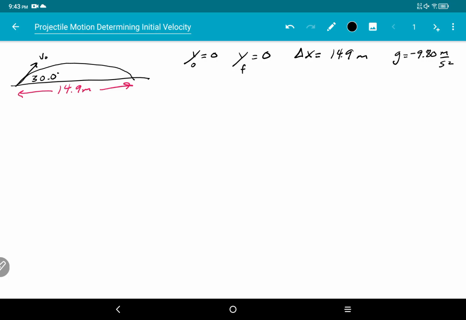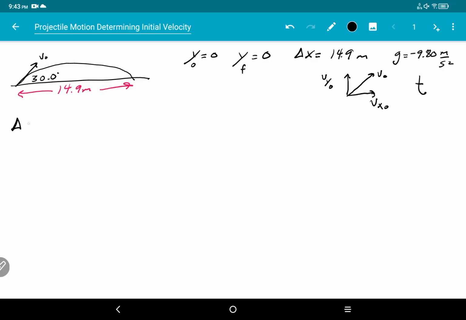Well, we also know, and this is important, the components that make up V naught, Vx naught and Vy naught, share one thing in common. They share time. And we can solve for time. Here's what I mean. Let's take the x component because that's a distance.